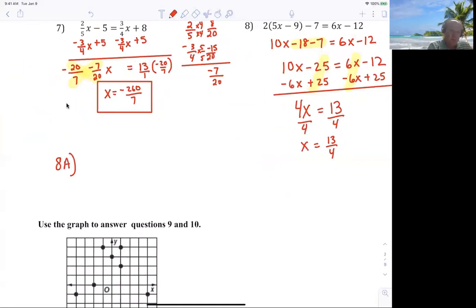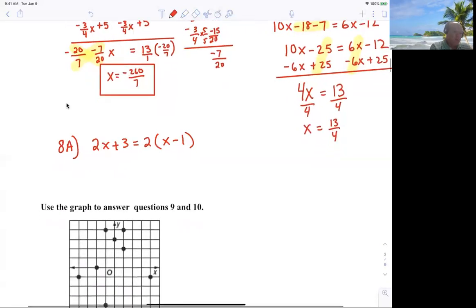We're just going to create a new problem: 2x plus 3 equals 2 parentheses x minus 1. I created this just so I know who's watching the videos. When I check your work, if you have these two problems, then I know you're watching the videos.